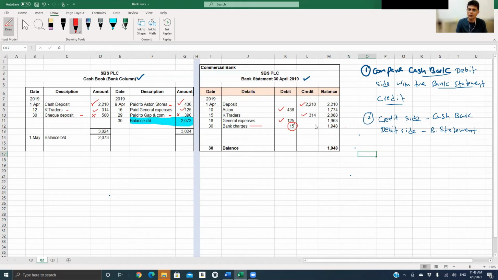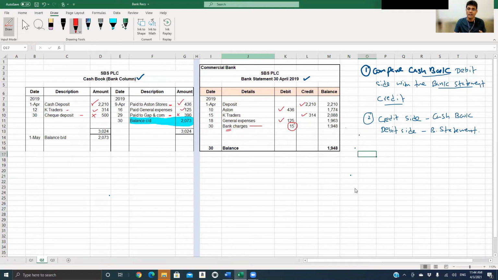Yes or no? No. Why was it not recorded? How will we come to know about the bank charges? The bank will charge at the end of each month. That charge has to be recorded, but we have not recorded it. Why did we not record it?